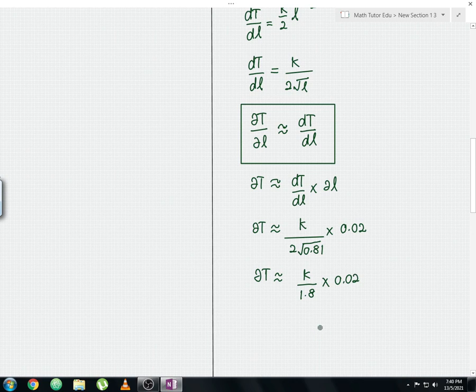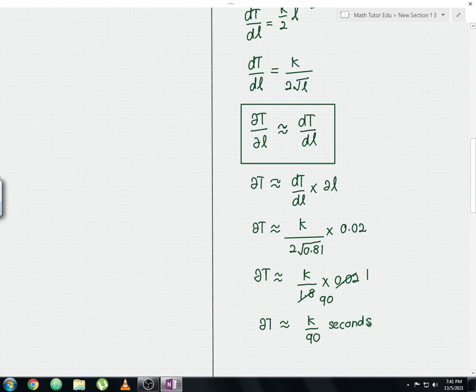So from here you simplify this, you get 1, and then you simplify this, you get 90. So you should get delta t is approximately k over 90 seconds.